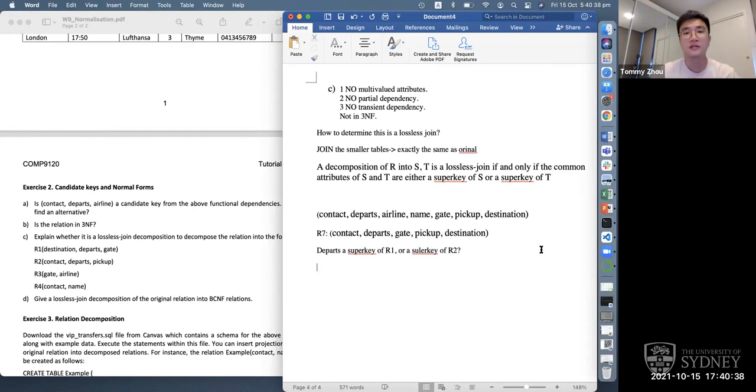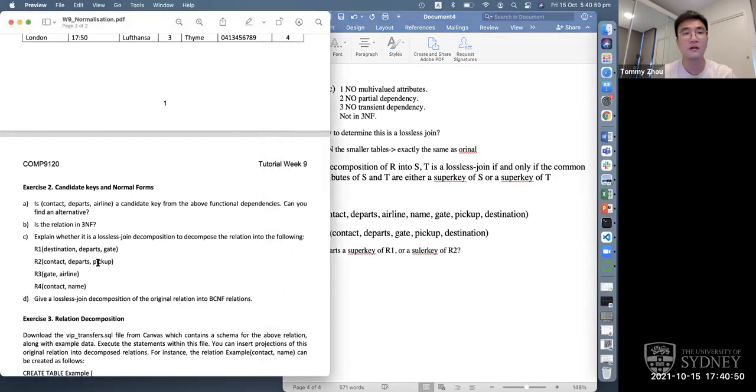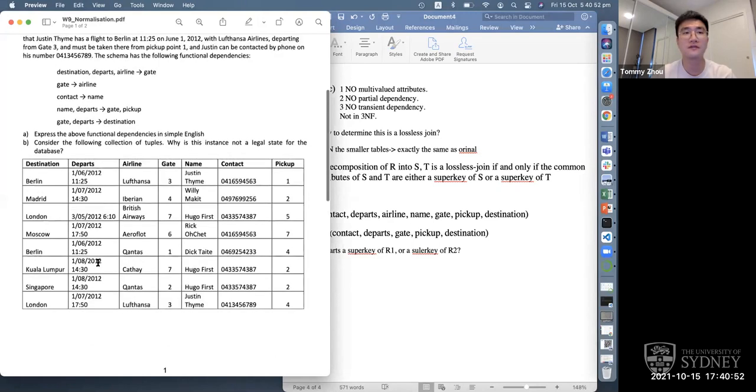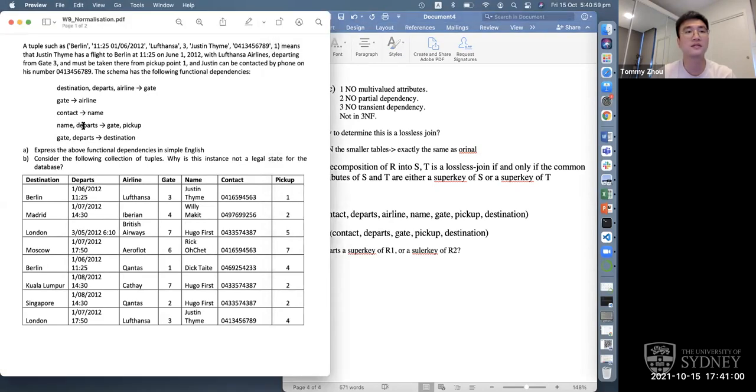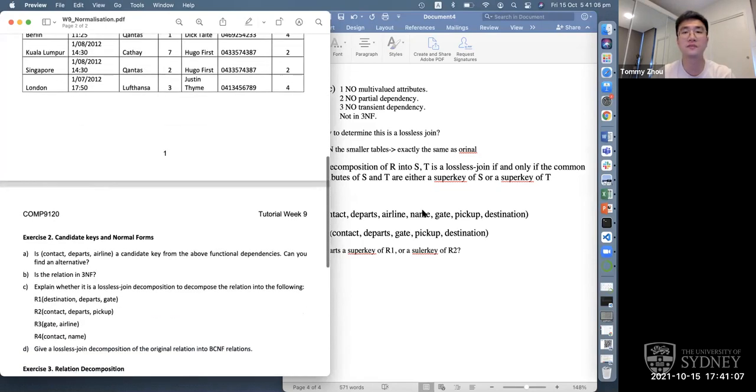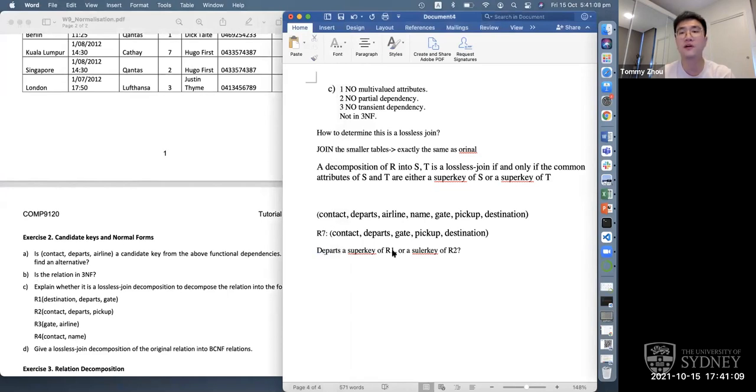That means just by looking at departs, you should get destination and gate, and also contact and pickup. However, if you check that against all those FDs, you can't get all those attributes just from departs. So departs is not a superkey of R1, and departs is not a superkey of R2.